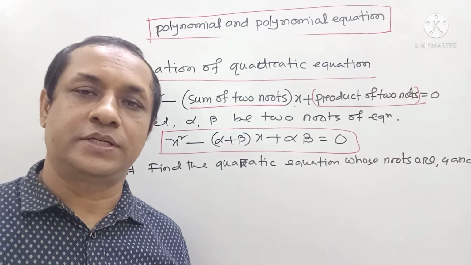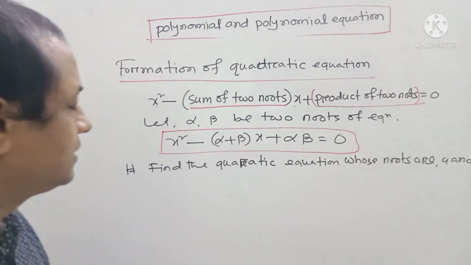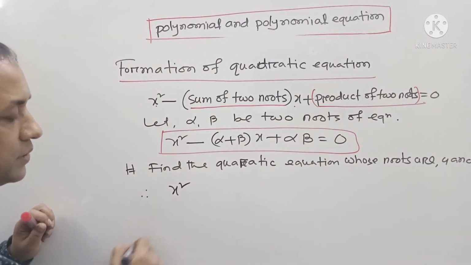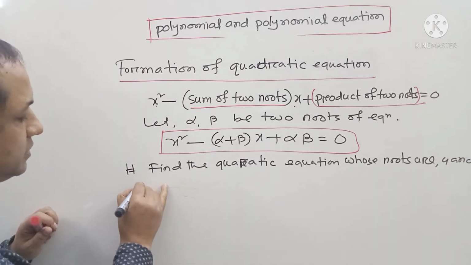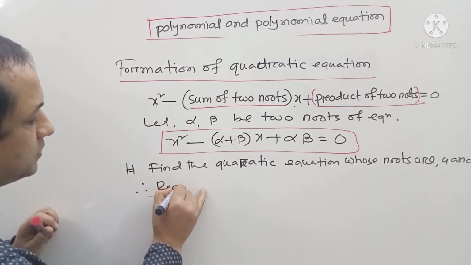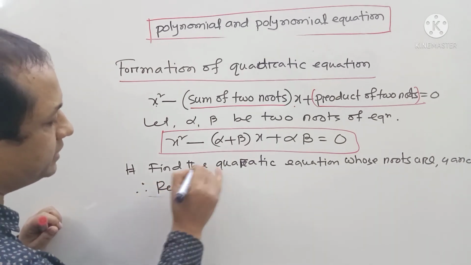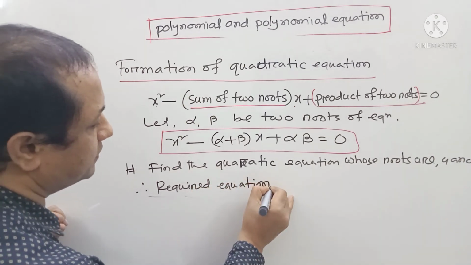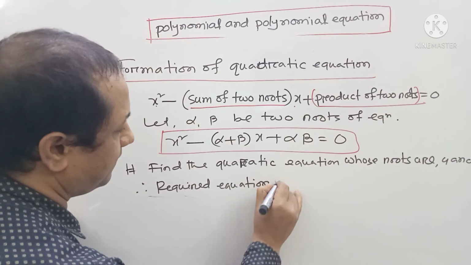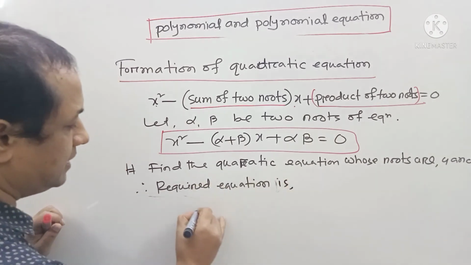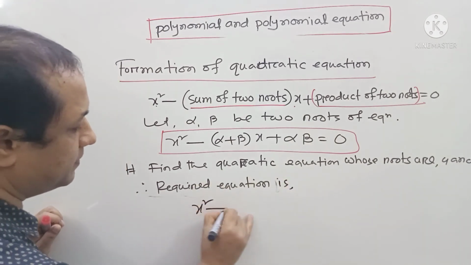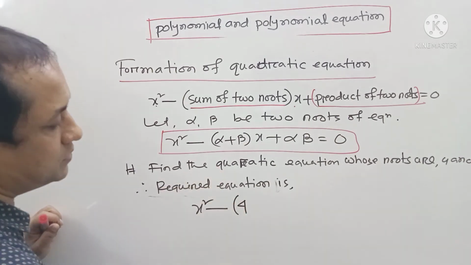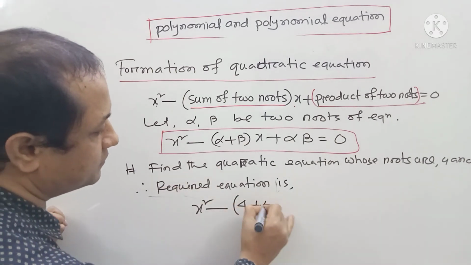Now to find the quadratic equation using this formula, the required quadratic equation is x square minus sum of two roots. Here one root is 4, another root is 5.